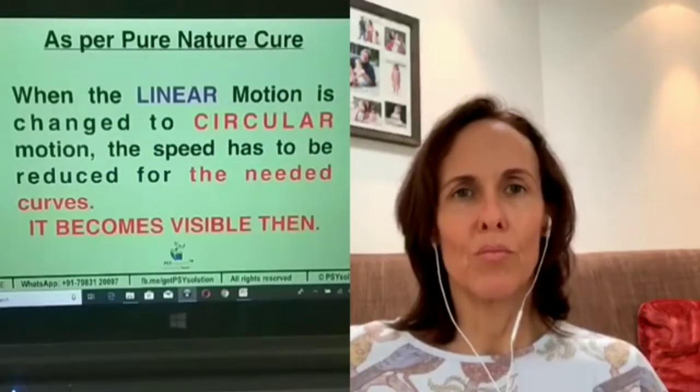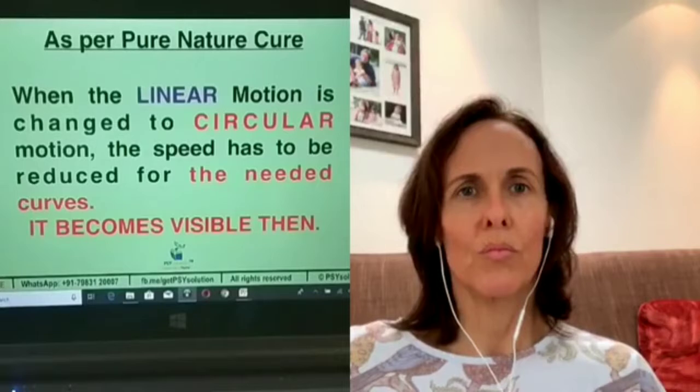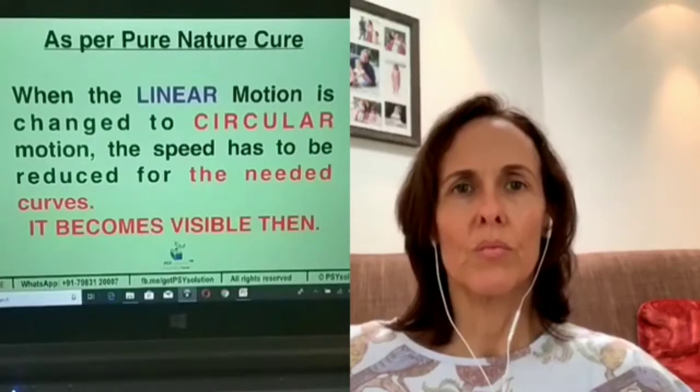Now, this is another aspect where you can correlate physics with nature cure. Suppose something is moving in a straight line, and it is asked to take a curve, a circular turn. Those who drive will be able to correlate.